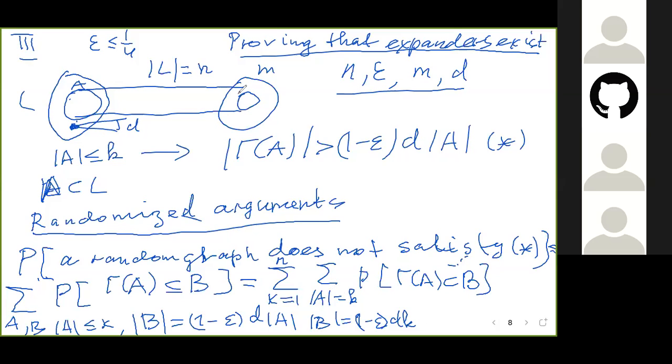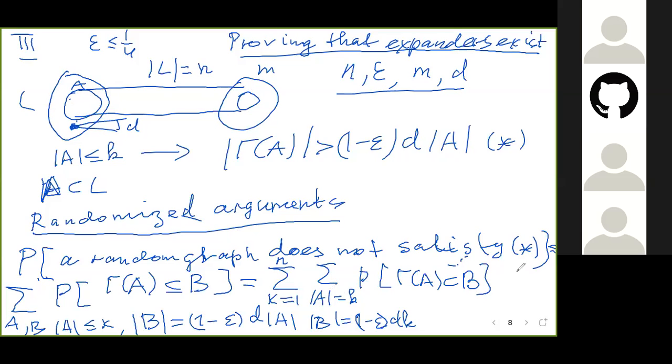The probability, when we fix B and A, means that all the neighbors of each node are included in B. This probability can be computed exactly because all the nodes are independent.